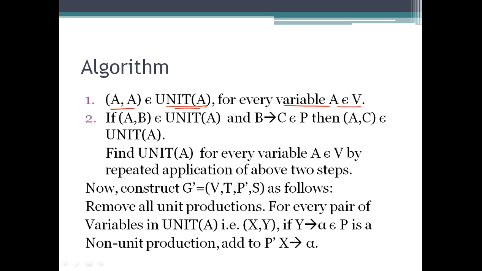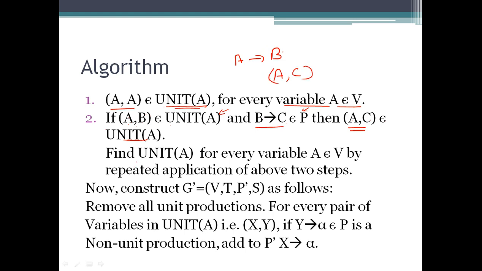Now, the second point: if A, B is a pair belonging to the set unit of A and B is rewritten as C is a production in P, then A, C will belong to unit of A. So A and B is a pair, which means A derives B in 0 or more steps, and B is rewritten as C is a production. So definitely A and C will be a unit pair.